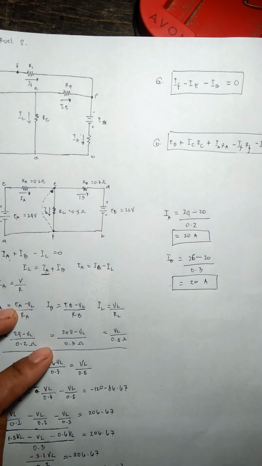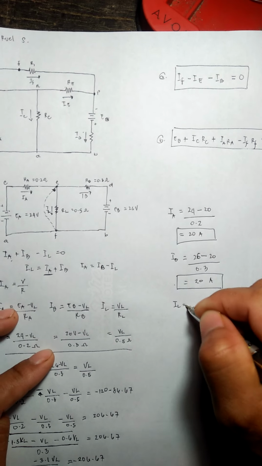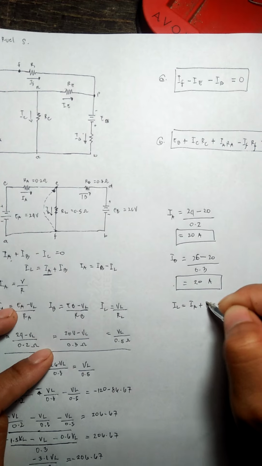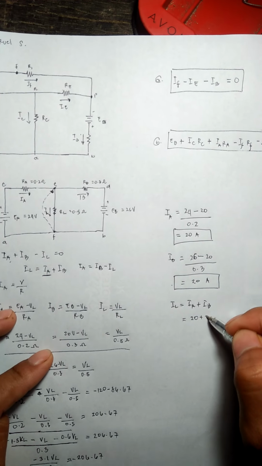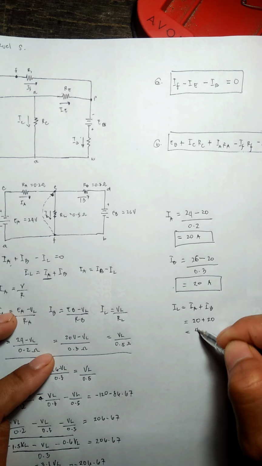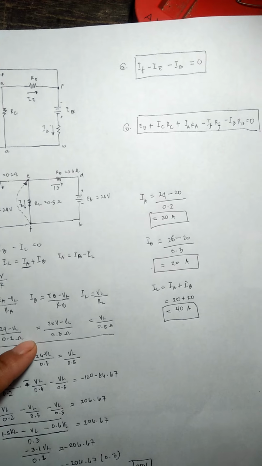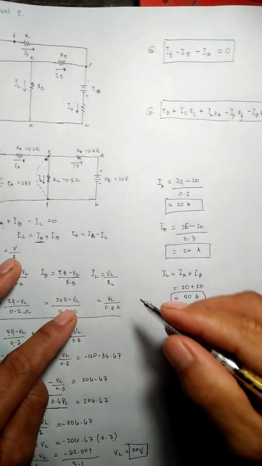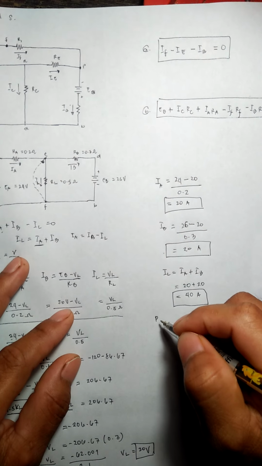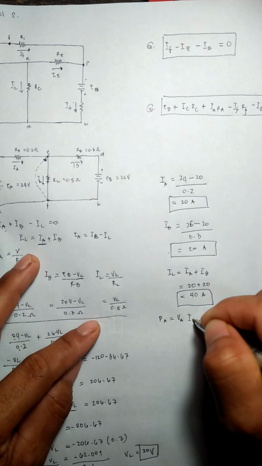So solve for IL. IL is equal to IA plus IB. Our IA is 20 plus 20, which will be equal to 40 amperes. This is our IL. Then let us now solve for the power. PA is equal to VA times IA.